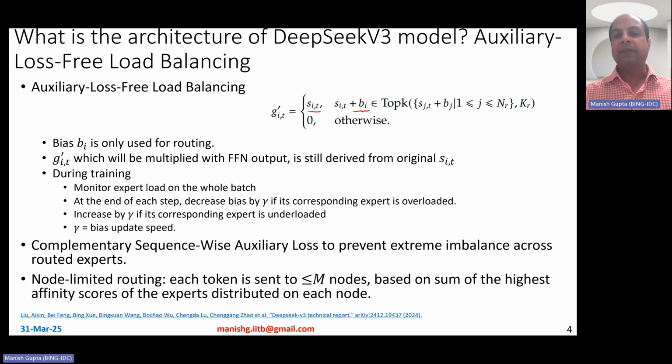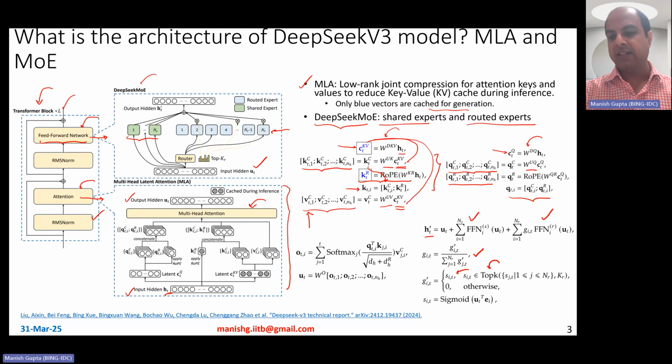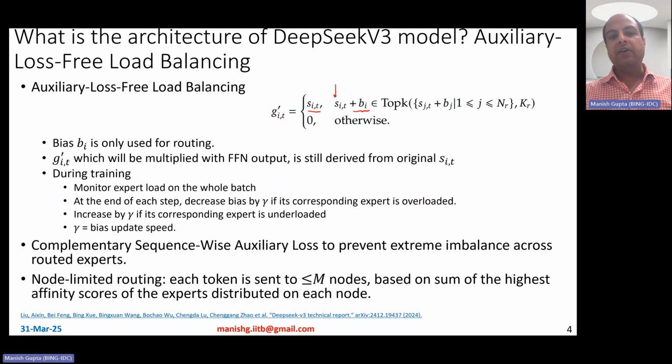SI is basically the gating logic. The typical gating logic would just have SI, which, as you can see, depends on the current input. Whether a particular expert will be used or not typically depends on the particular input. But here they also have this bias BI, and bias BI is only going to be used for routing. We'll talk about how this bias BI is calculated and used, but remember, it is only going to be used for routing.